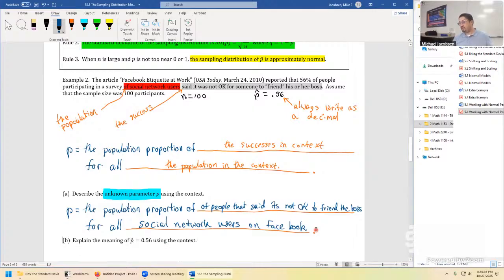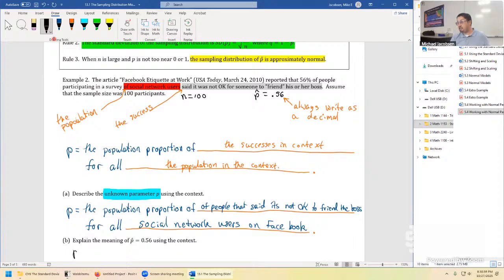Okay, next, we're just going down through all the moving parts that we're going to eventually build together to construct the confidence interval. Explaining the meaning of p hat equals 0.56. That's this right here. And the prior problem told us that that was the statistic.